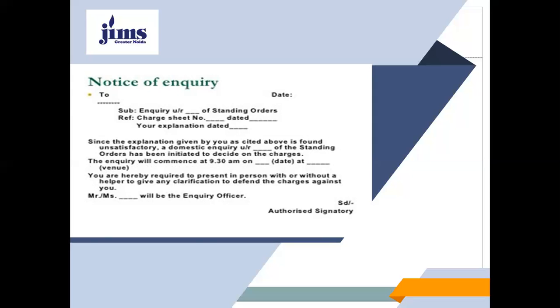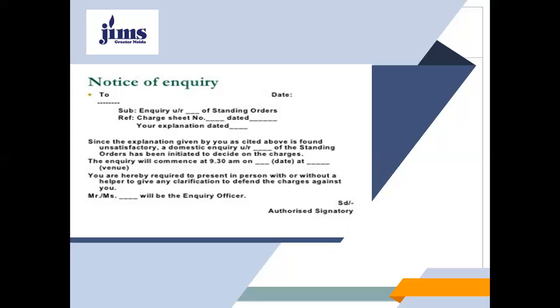Then, since the explanation given by you as cited above is found unsatisfactory, you will mention the subject also, inquiry, and regarding the standing orders, charge sheet number, date, and your explanation date also.